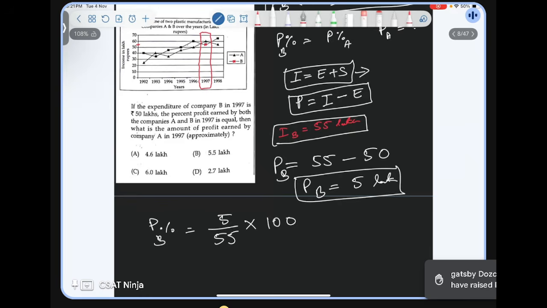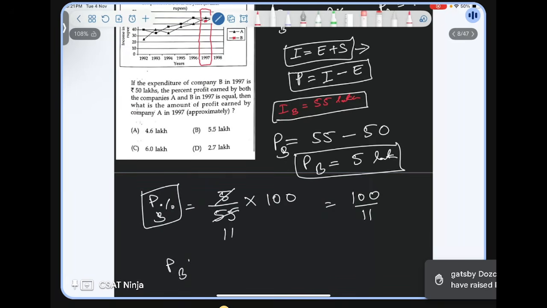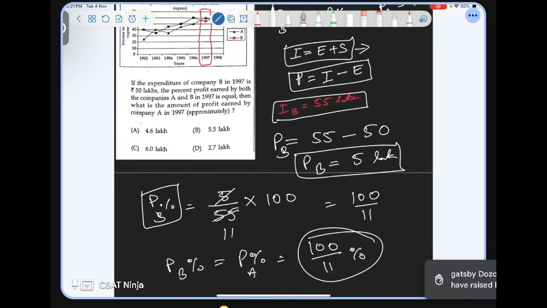So this is the profit percentage. I'll just cancel this one. 5 elevens are 55, which means 100 divided by 11 is the profit percentage of B. But the question says the profit percentage of B is equal to the profit percentage of A. So the profit percentage of A will also be this much percent.